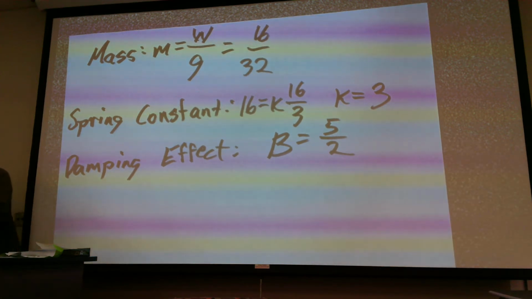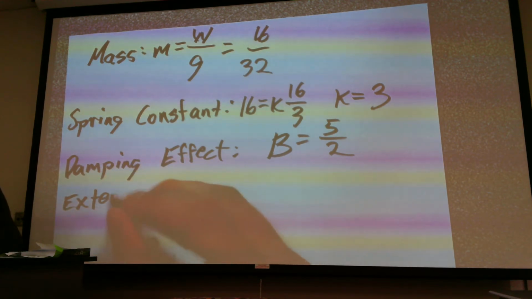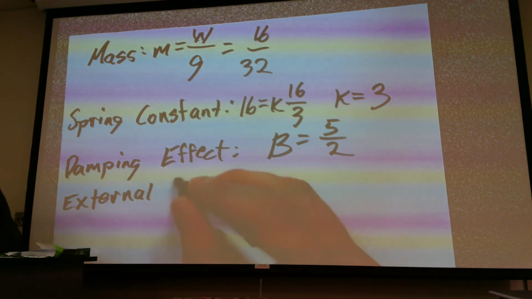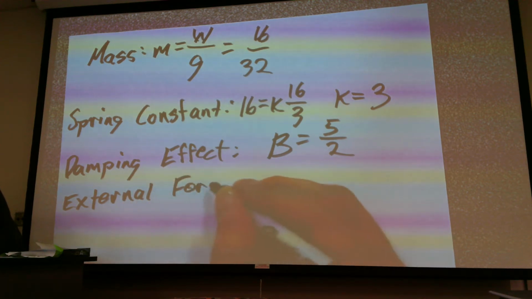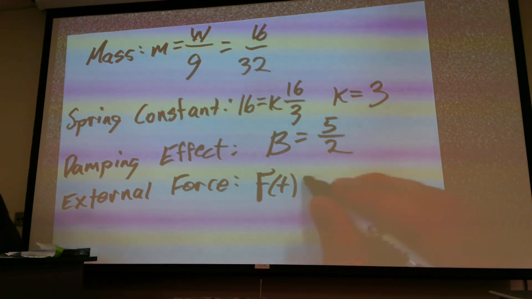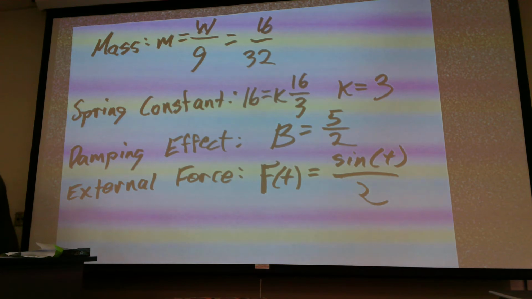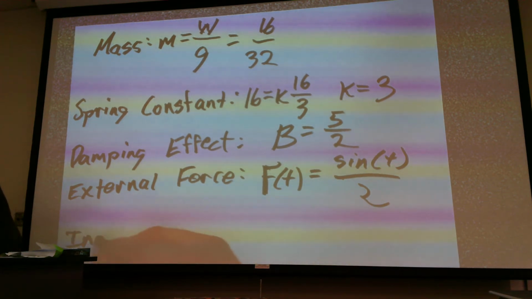And then my external force, that would be big F of t, which is going to equal sine of t divided by 2. And let's also consider what the initial conditions were.